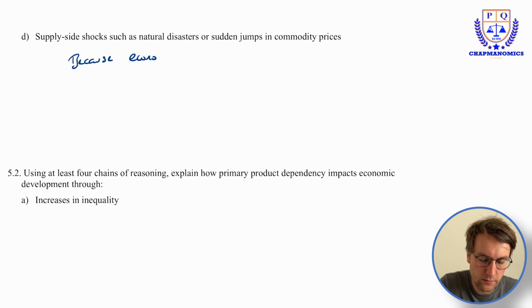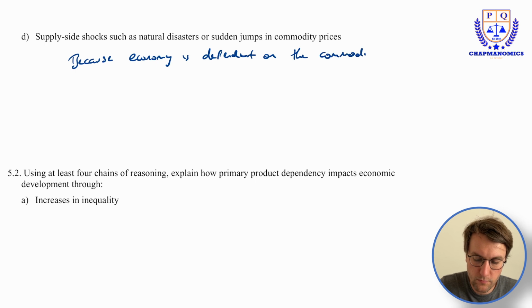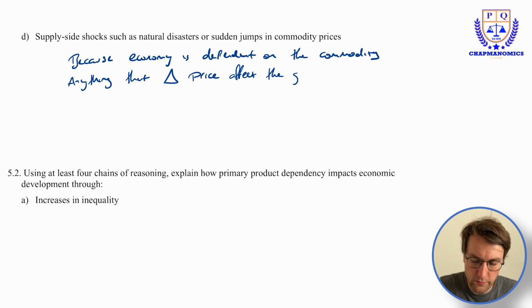Because the economy is dependent on the commodity, anything that changes its price, and I'm going to use delta here for change, anything that changes price is going to affect the growth of the economy.